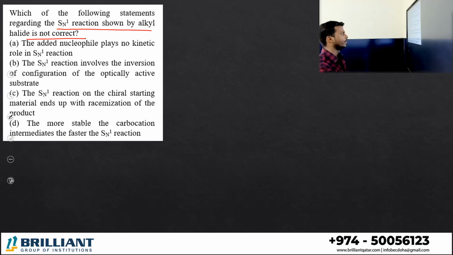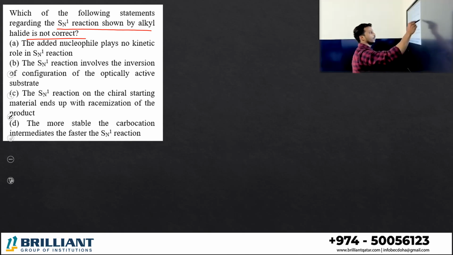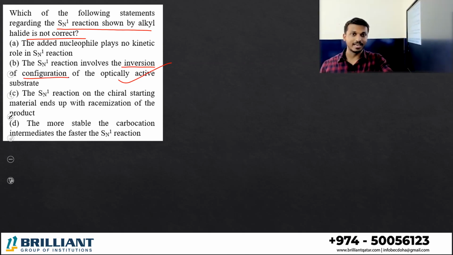The SN1 reaction on a chiral starting material ends up with racemization. I told you, in the SN1 mechanism you get a racemic mixture, equal amounts of dextro and levo. The more stable the carbocation intermediate, the faster the SN1 reaction. So which is the answer? Option B, inversion of configuration, is not correct.